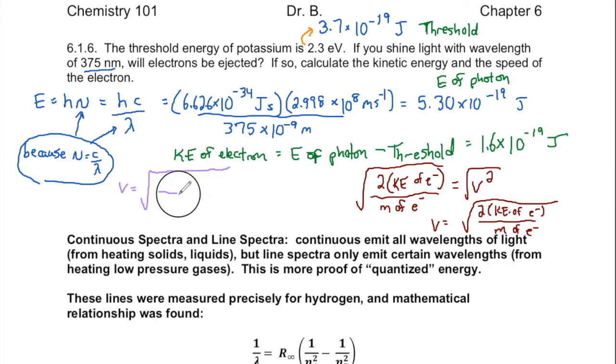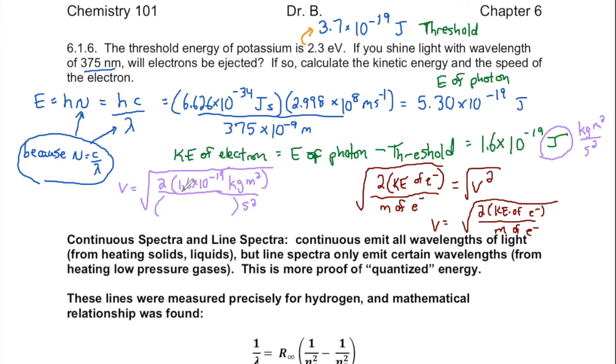So let's go ahead and do this over here. And again, instead of joules, we're going to replace this with kilograms meter squared per second squared. That's just going to make it easier. So we're going to have 2 times 1.6 times 10 to the negative 19 kilograms meter squared per second squared.